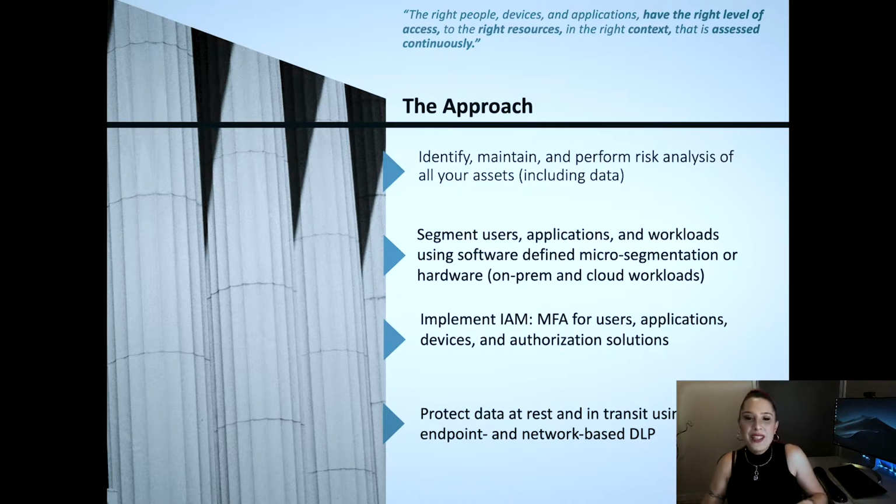Anyway, okay, so the approach. First step is identify, maintain, and perform a risk analysis of your assets, including the data. Know what assets you have, know which ones have an unacceptable risk to the business that need to be treated. Have a risk assessment policy and procedure. If you don't have one, go out there, hire a consulting firm to create it for you.